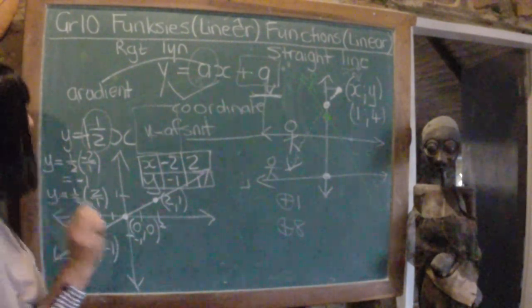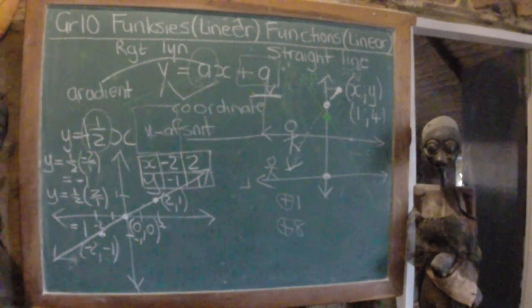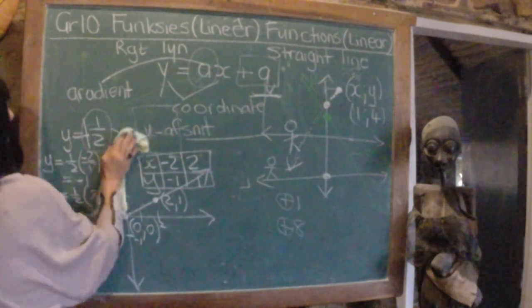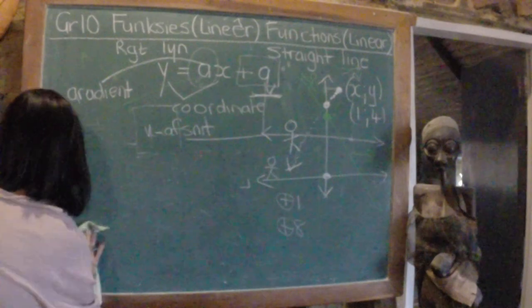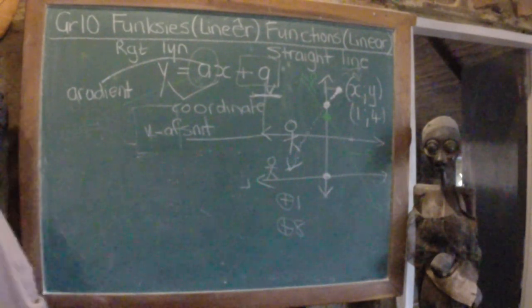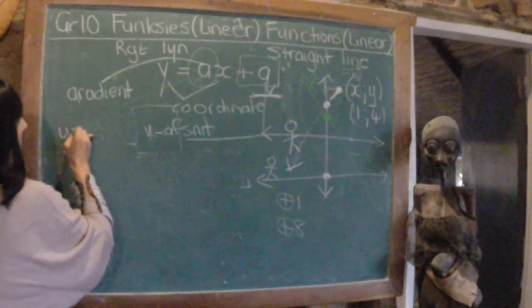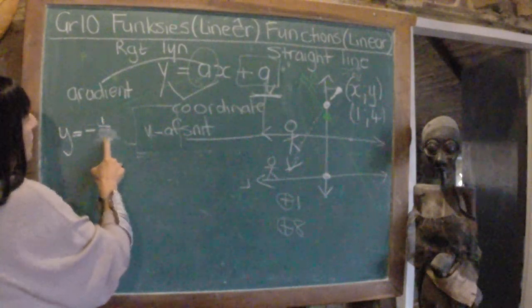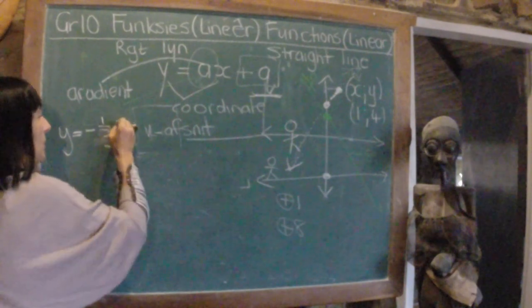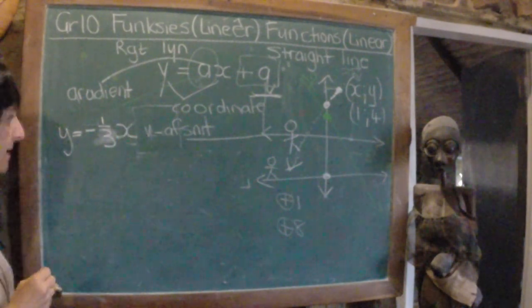Okay, let's do exactly the same now, but now we're going to use negative a half. Okay, equals negative a half. Or let's make it a third. Negative a third x. Nog 'n bietjie kleiner.